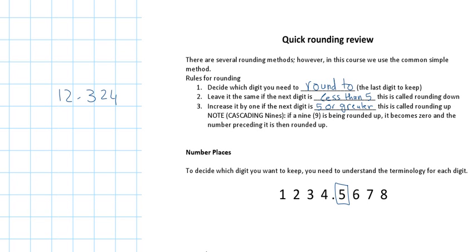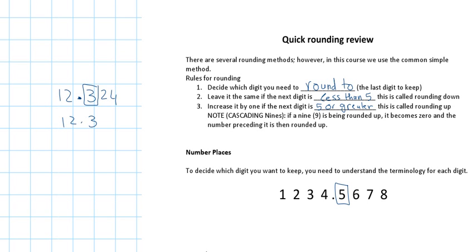This is your 1 decimal, so that's 3, okay? What number is after the 3? I have a 2. Because this is a 2, I keep the 3 the same. I don't do anything with it. So that rounds to 12.3, done. Does that make sense to you guys?